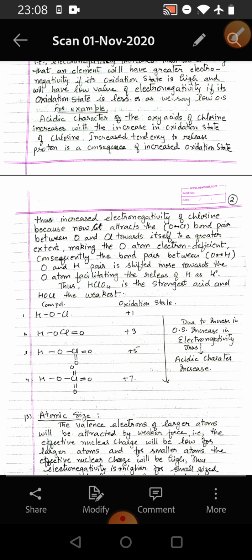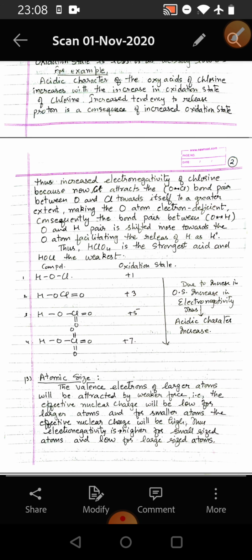For example, the acidic character of the oxyacids of chlorine increases with the increase in oxidation state of chlorine. Increased tendency to release proton is a consequence of increased oxidation state.